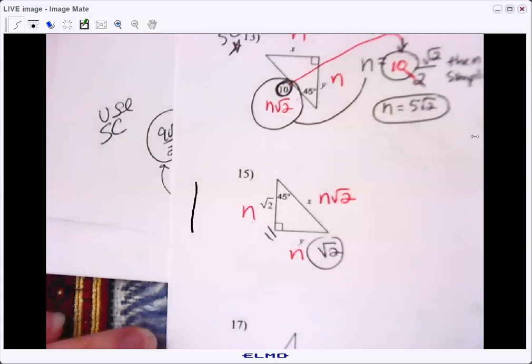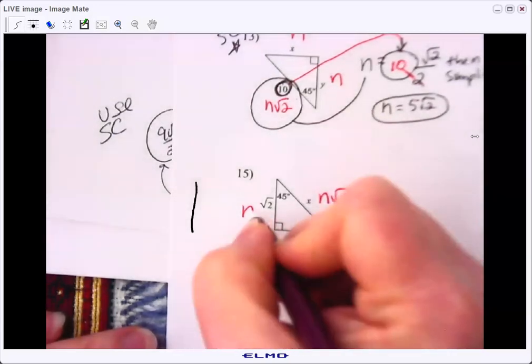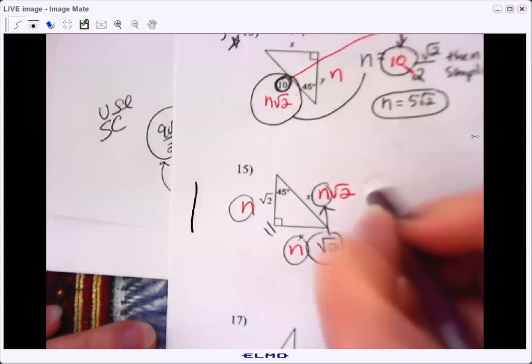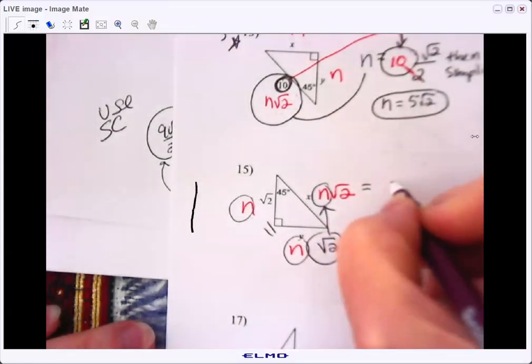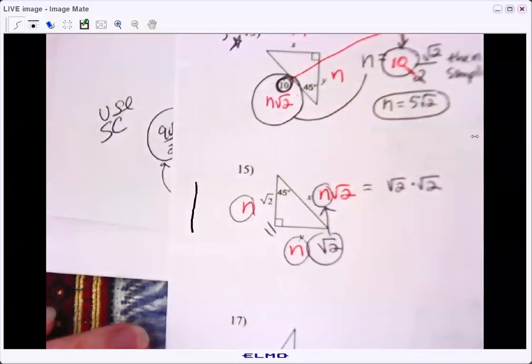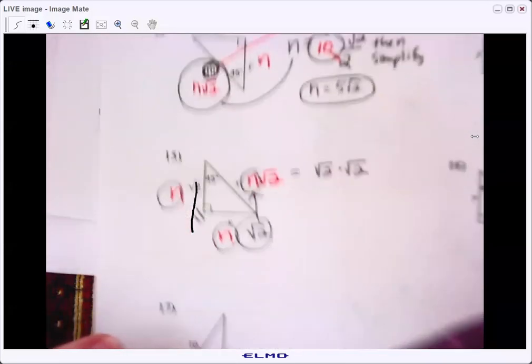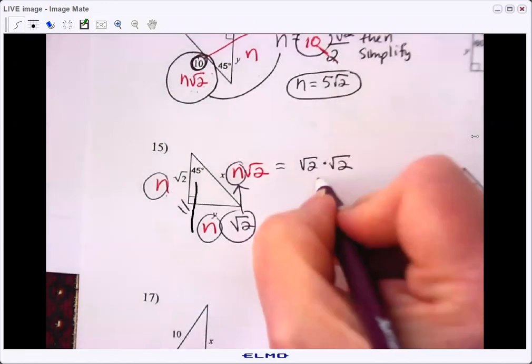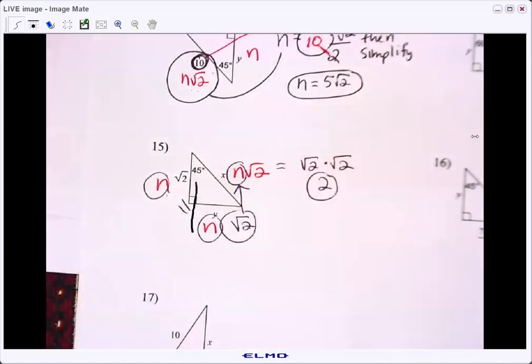Yep, because these all have the same in common. This n, that n, and that n are all the same. So I'm going to simply substitute that n into n. So I'm going to have root 2 times root 2, which gives me what? 2. So this is going to equal 2.